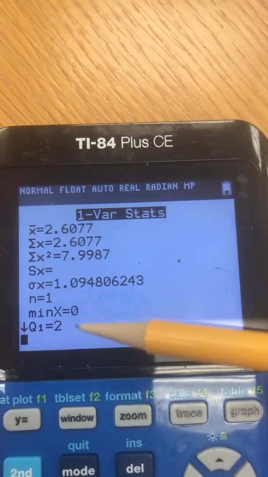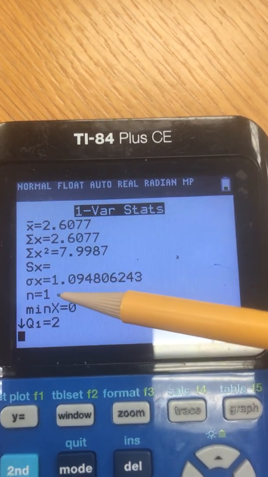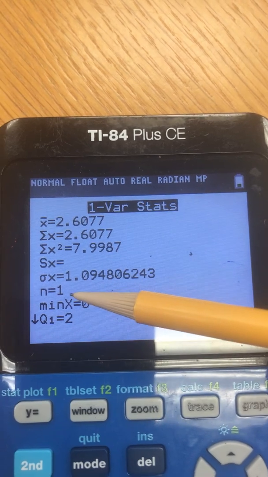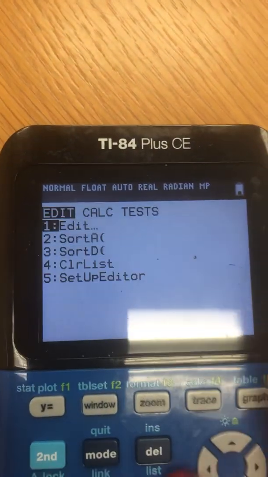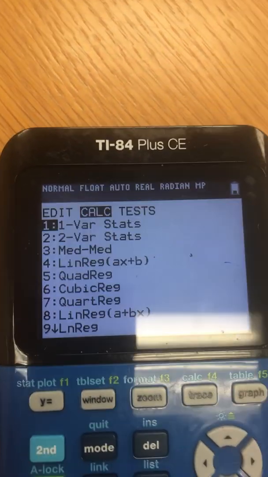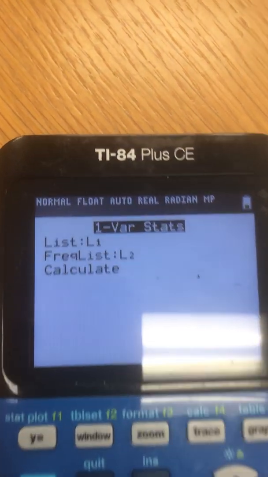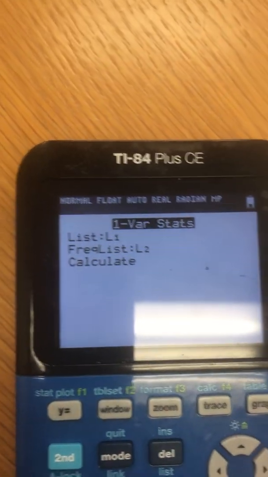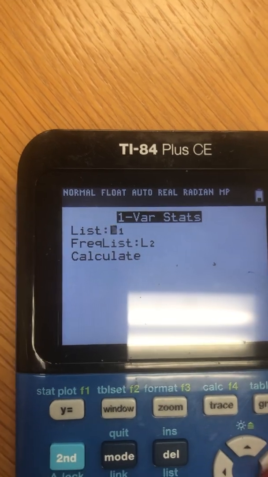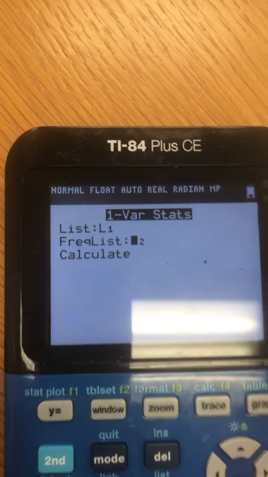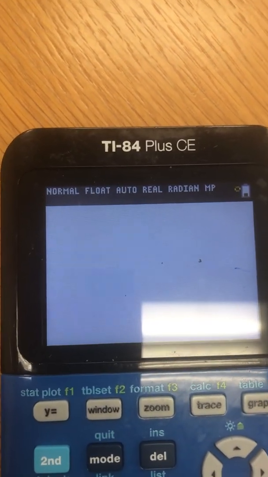The number of values, that's interesting, it says 1. I'm going to go back just to make sure. 1-Var Stats, list 1, list 2. All right, so stat, calculate.